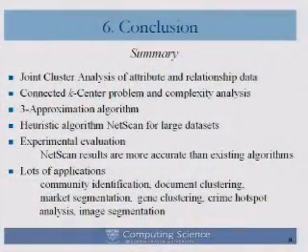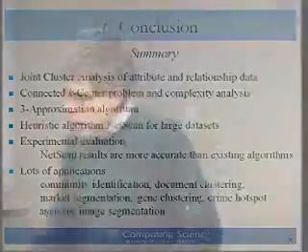Okay, let me come to my conclusion. We have introduced the concept of joint cluster analysis, considering attribute data as well as relationship data. We have in particular introduced one possible problem definition in this paradigm, the connected case center problem. We have performed a complexity analysis.